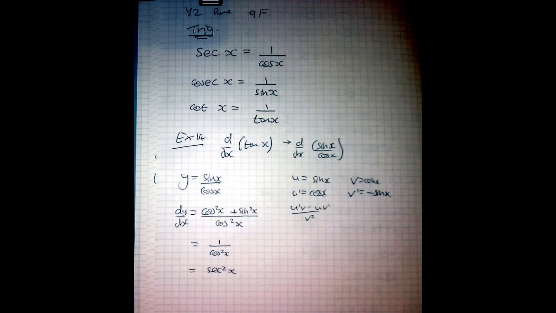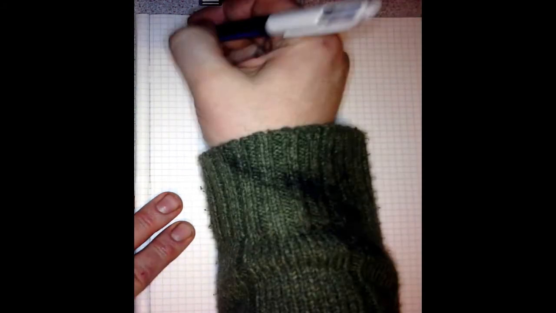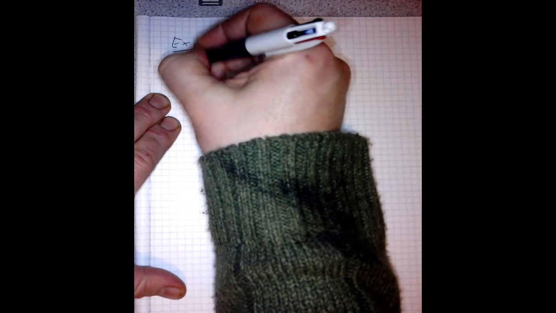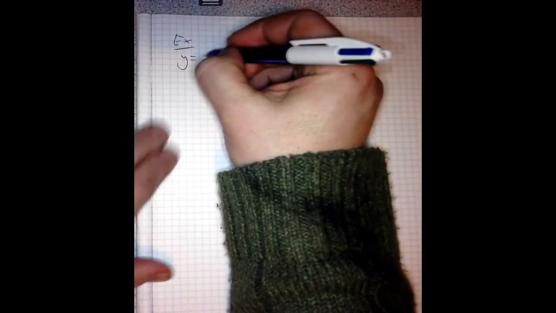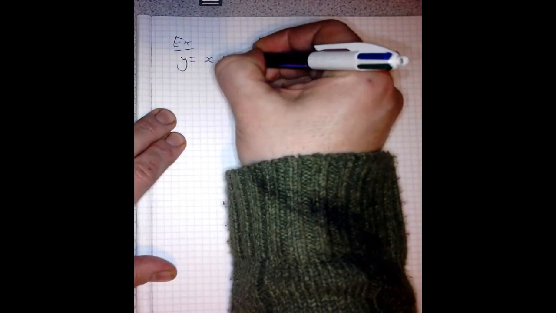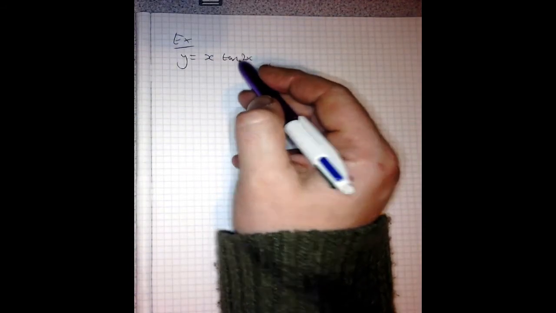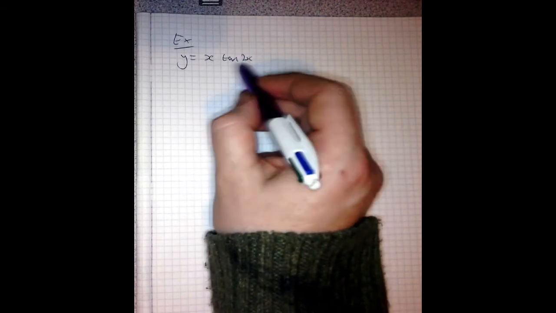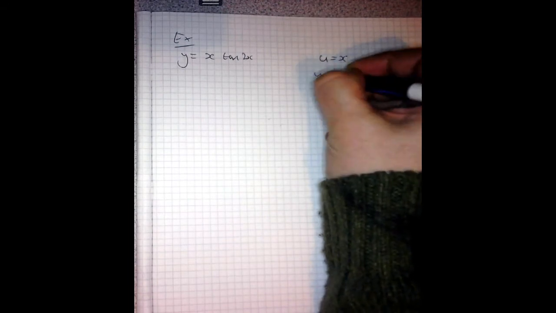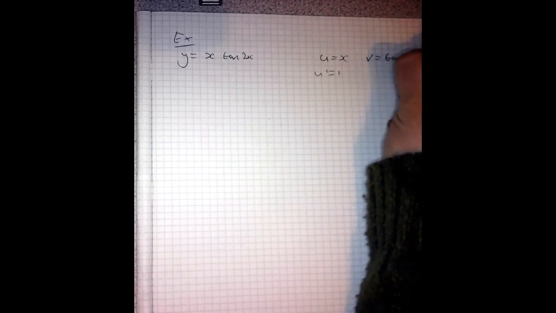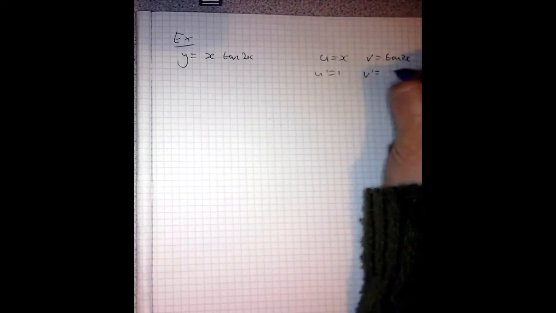Example 15 then, we'll use that fact. We've got to differentiate x tan 2x. Now I don't need to differentiate tan every time. I know that tan differentiates to sec squared. So this is clearly a product rule question. u is x, u dash is 1, v is tan 2x, v dash is 2 sec squared 2x, and the product rule is u dash v plus u v dash.